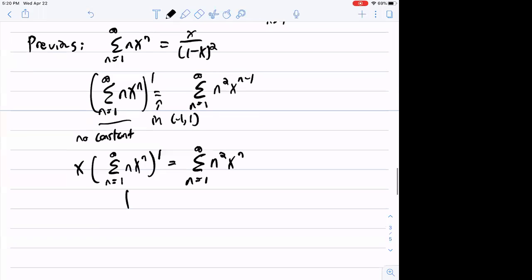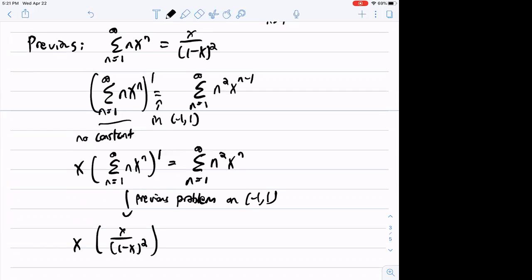Now, from the previous problem, on negative 1, 1, the inside was just this, right?